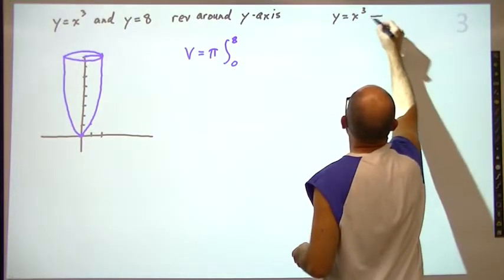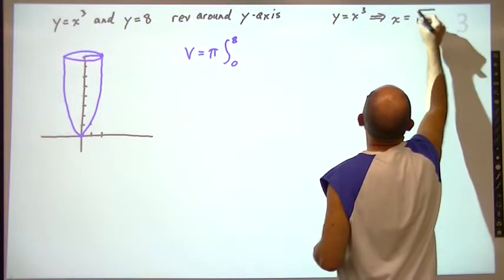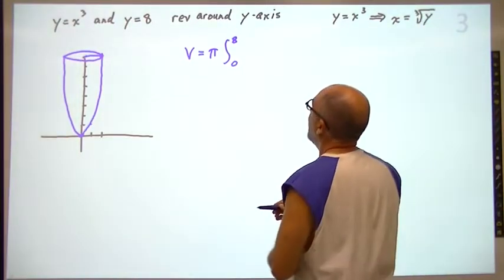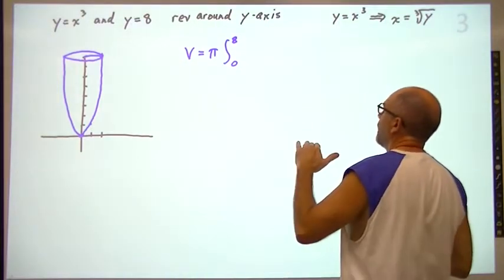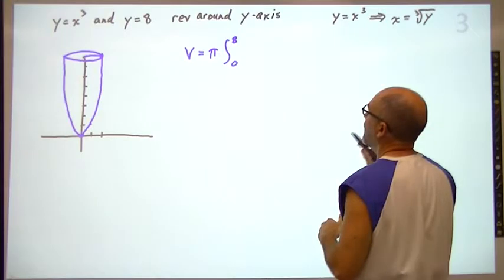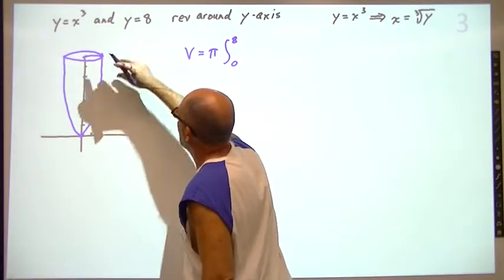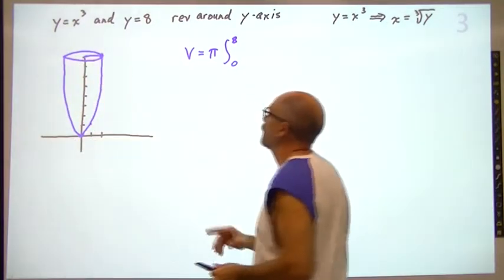So this means I've got x equals the cube root of y. Now, I'm going from 8 down to the cube root of y.